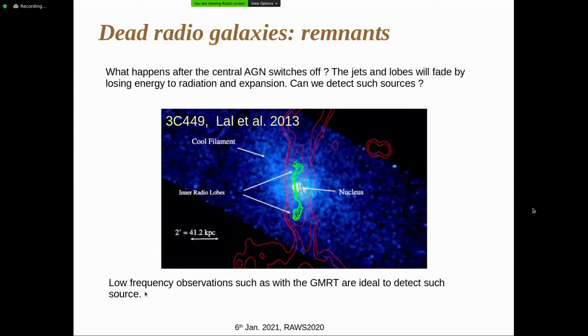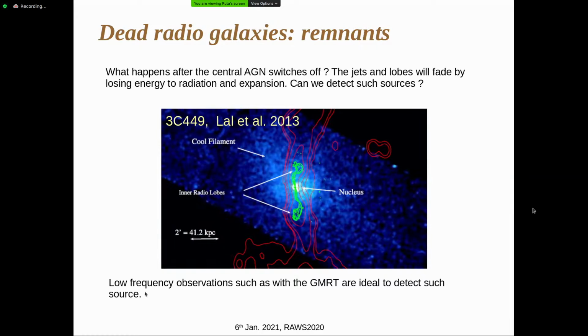In synchrotron emission, you may have come across the synchrotron lifetime. Synchrotron lifetime is very short, of the order of 1 million to 10 million years. So what happens is that the spectrum steepens very soon, and what that means is that it becomes difficult to detect emission at higher frequencies as compared to lower frequencies, because of the way the energy is lost.